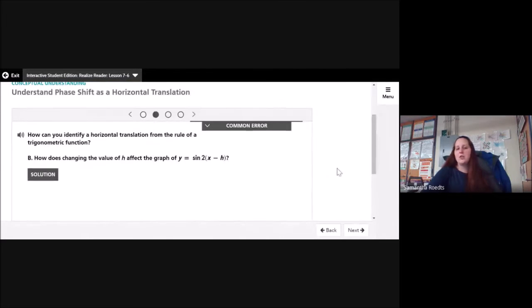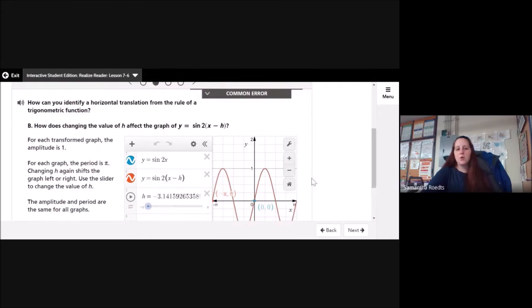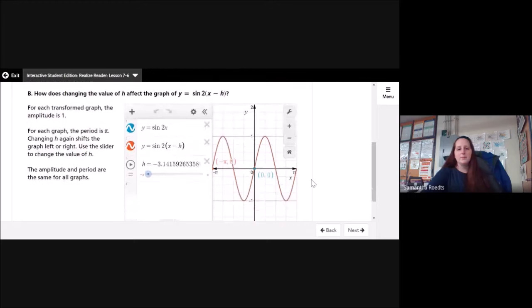How does changing the value of h affect the graph of y equals sine 2 times x minus h? For each transformed graph, the amplitude is 1. For each graph, the period is pi. Changing h again shifts the graph left or right. See, it shifts.